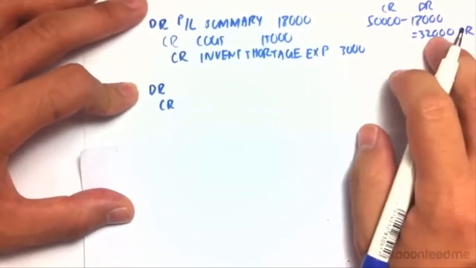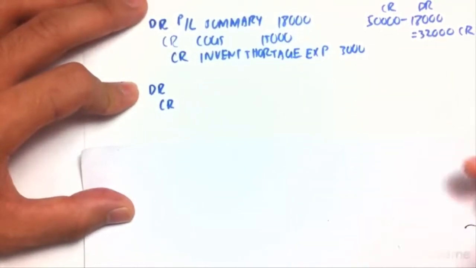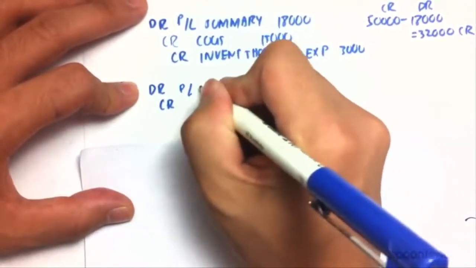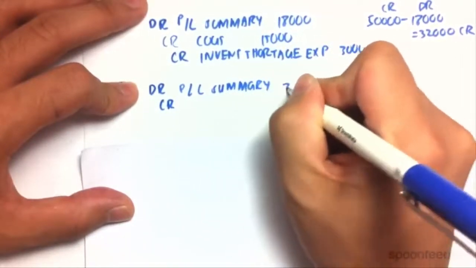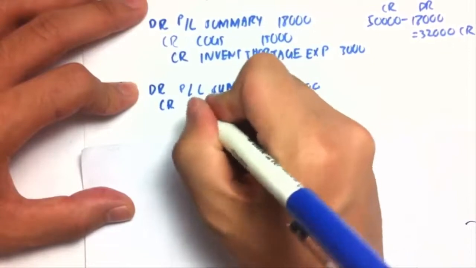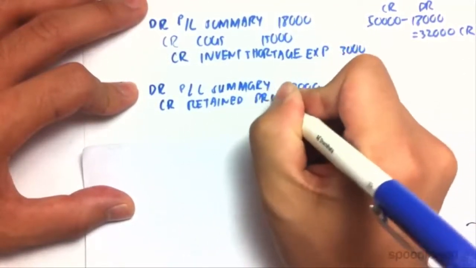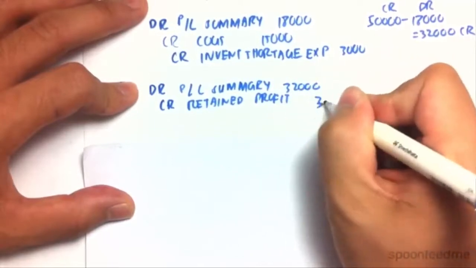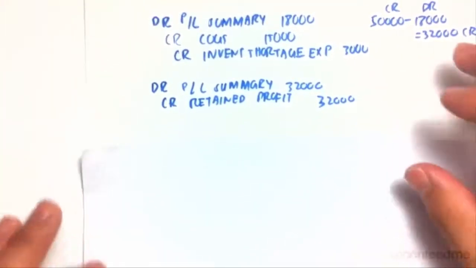So in order to bring this P&L summary to 0, we have to debit it by 32,000. So we debit P&L summary 32,000, and then we credit retained profit 32,000.